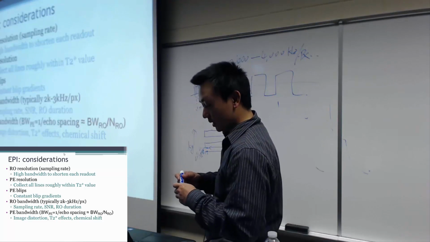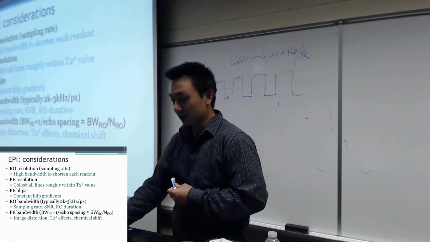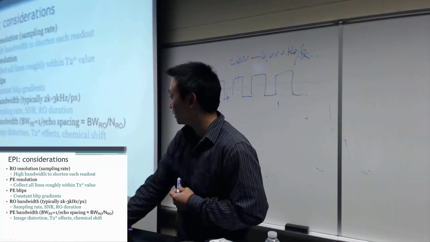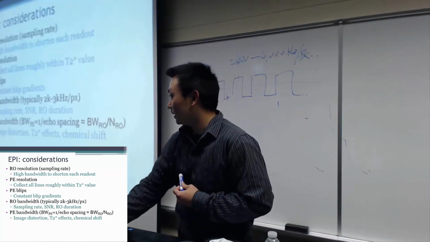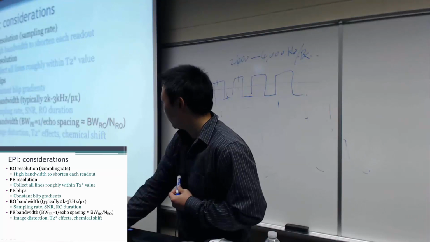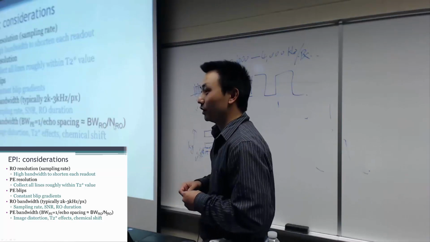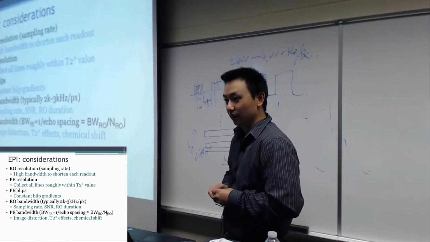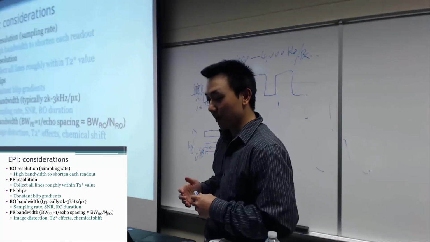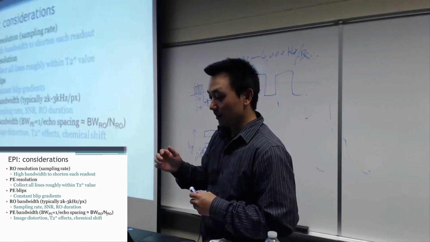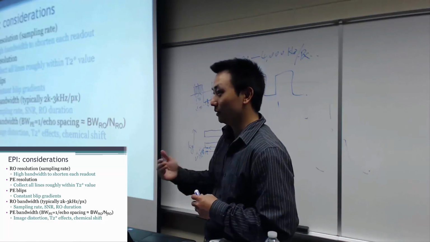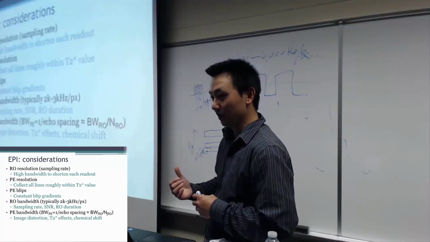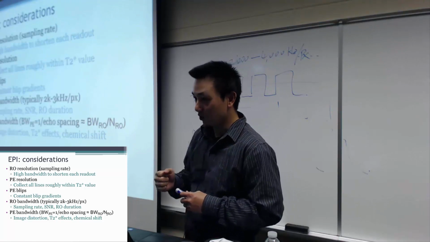So the bandwidth of the phase encoding is roughly 1 over the echo spacing. So it's basically the bandwidth of the readout divided by the number of readout sampling points. That means the phase encoding bandwidth is NRO times smaller than the readout bandwidth for EPI, so it's much lower.